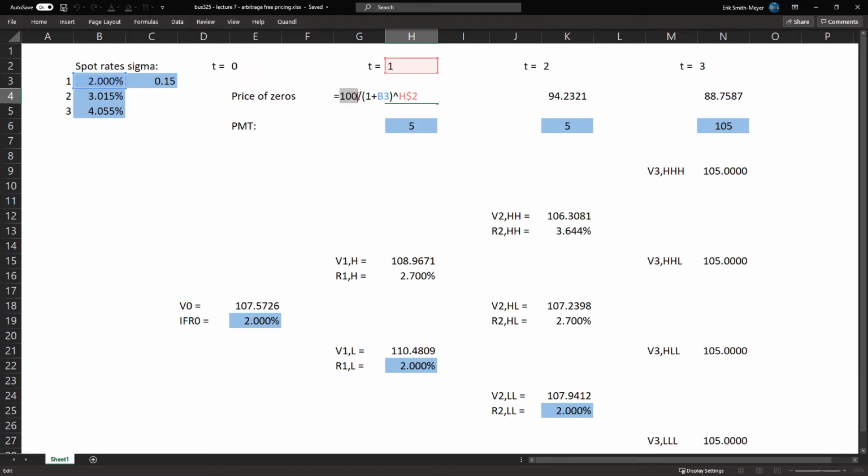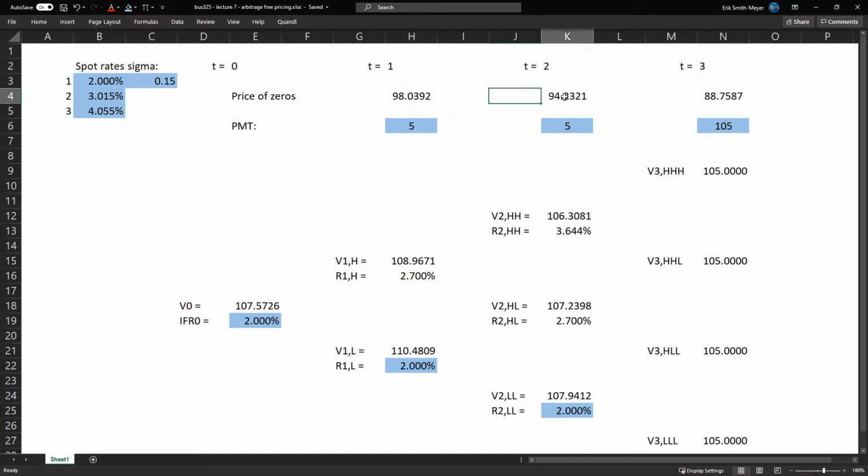These zeros have a future value of 100, so the par value equals 100. The cash flow for the year is 100, and it's discounted using the 1-year spot rate. That would be the first zero coupon bond you would either observe or derive from the spot rates.